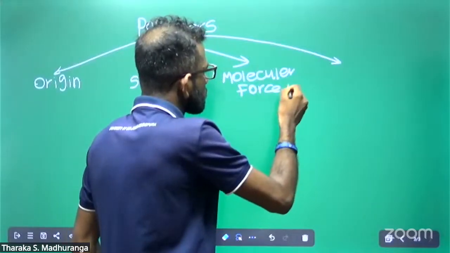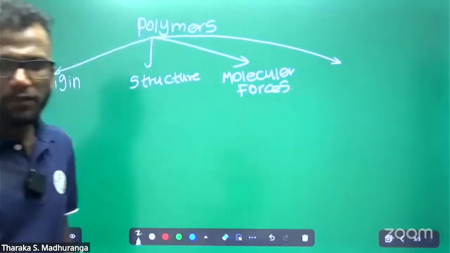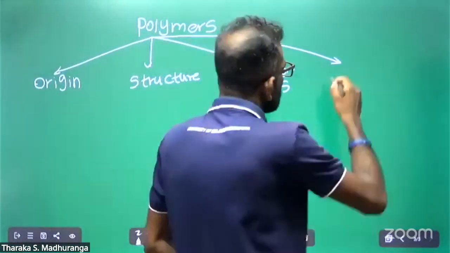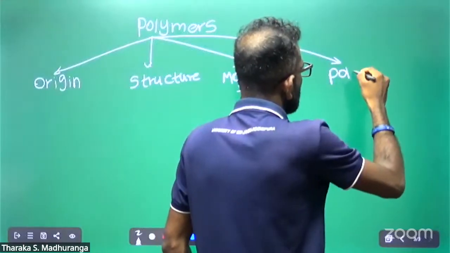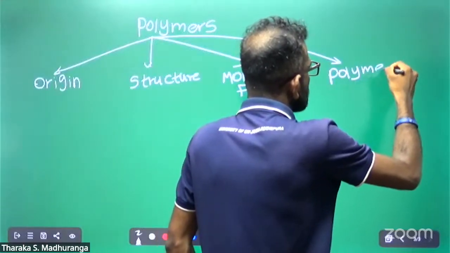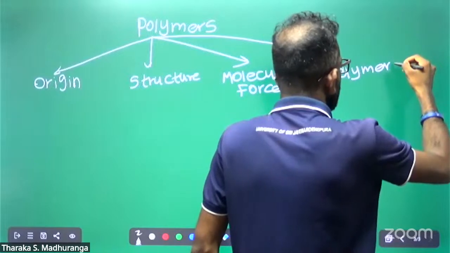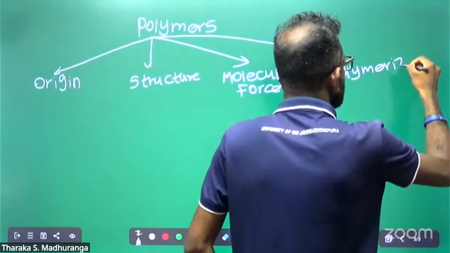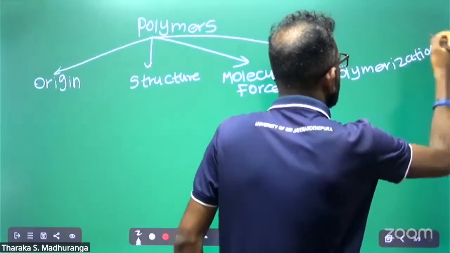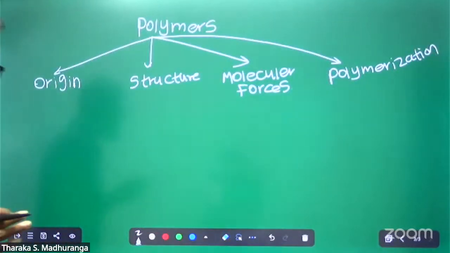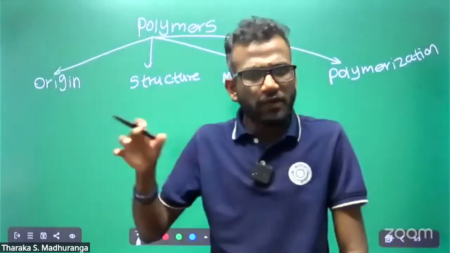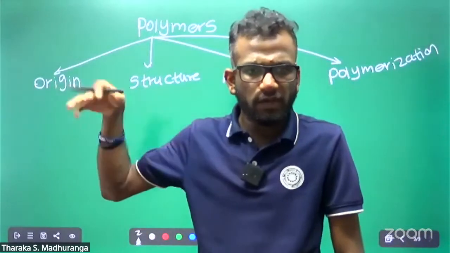The final one is based on the polymerization. This is the most important one. Now, polymers we can divide into 4 main categories according to different bases.